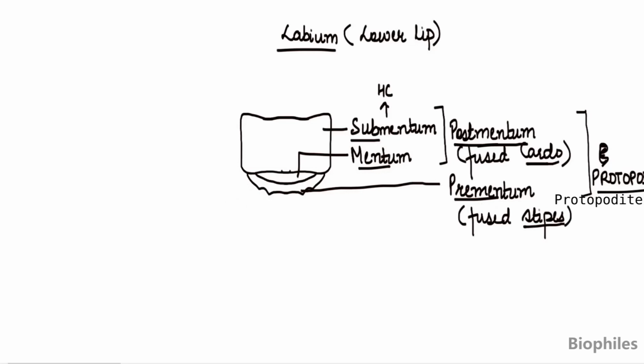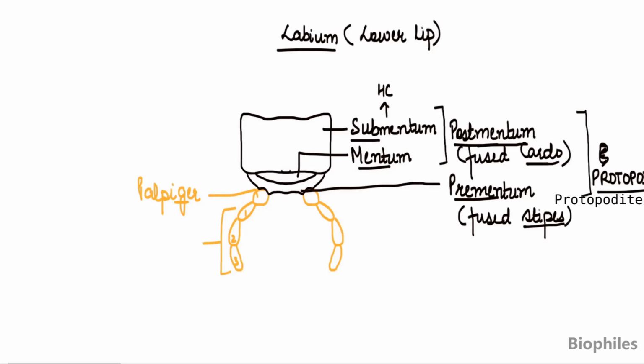The exopodite in the case of prementum is made up of palpiger, and from the palpiger arise three segments which will make up the labial palp. This is palpiger. The maxillae had palpifur, whereas the labium has palpiger.